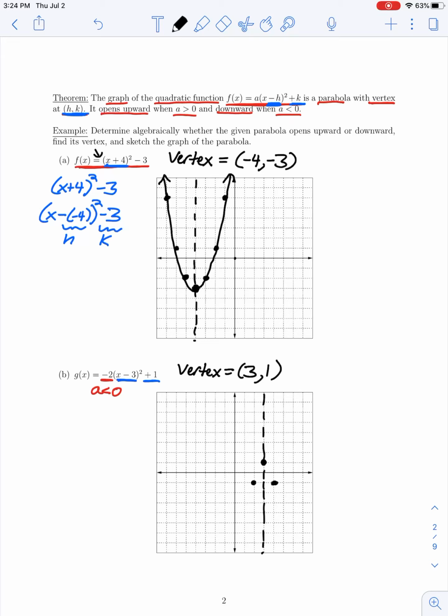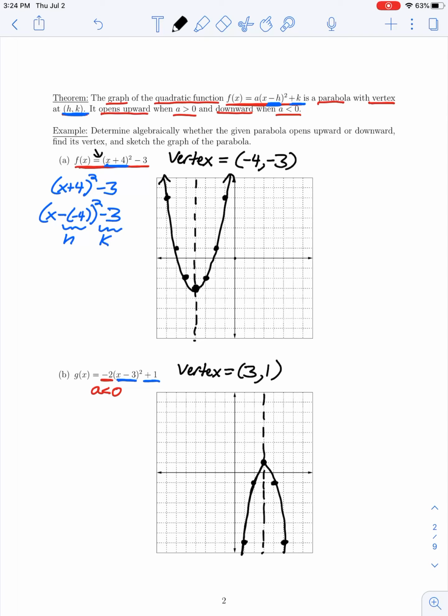Now, if x is equal to 1, we have, let's see, -2 squared would be 4, times -2 would be -8 plus 1, so -7. So if we move 2 units to the right of our axis of symmetry, we would have the same y value. So our parabola is opening downward.